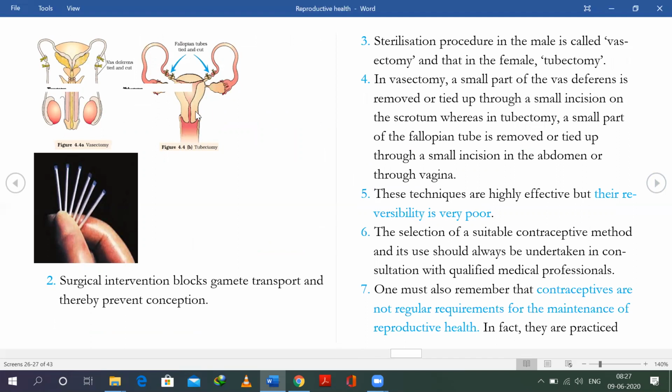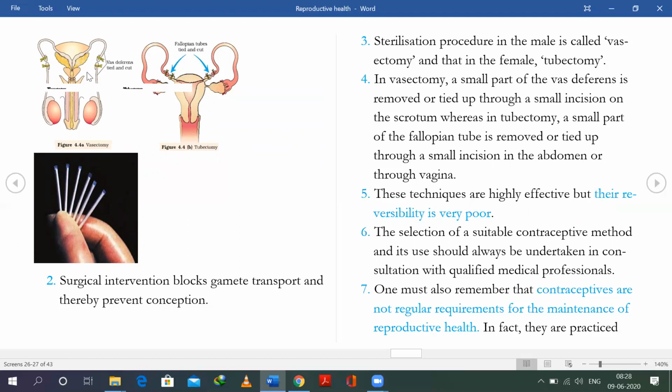In vasectomy, this male duct called the vas deferens is cut and tied. In the case of tubectomy, these fallopian tubes, you can see in this diagram, are cut and tied.